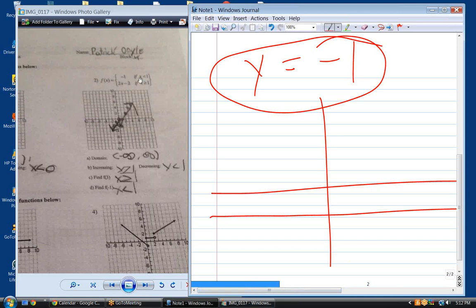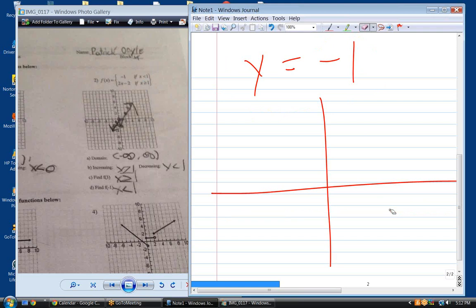But I'm not going to graph it the whole way. I'm going to look first at my domain. Well, the domain says it's only -1 when x is less than 1. So let's go to 1. So here's -1 on the y-axis. What's this going to look like?